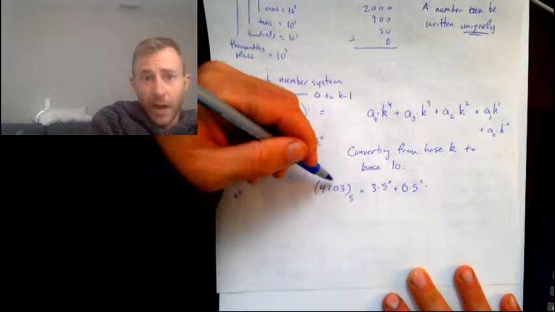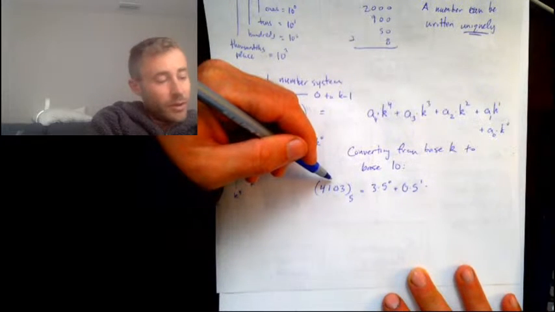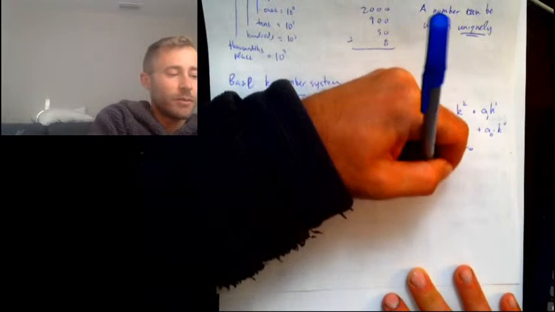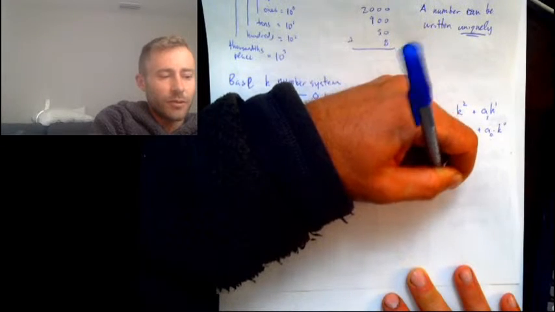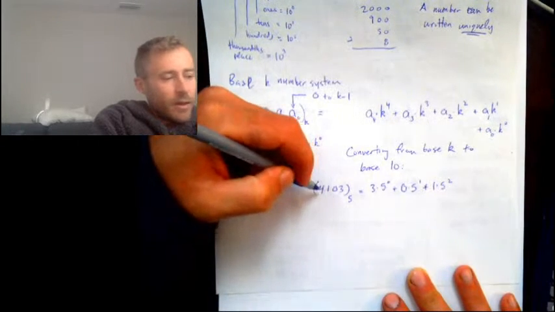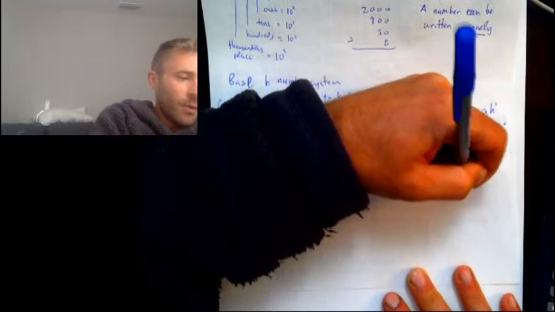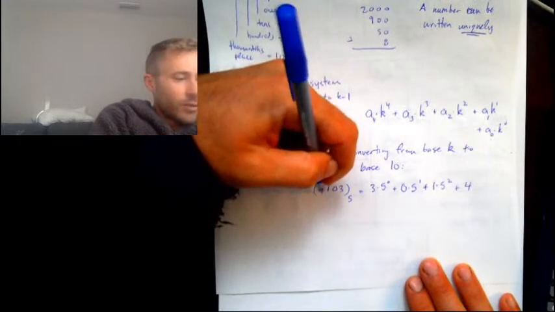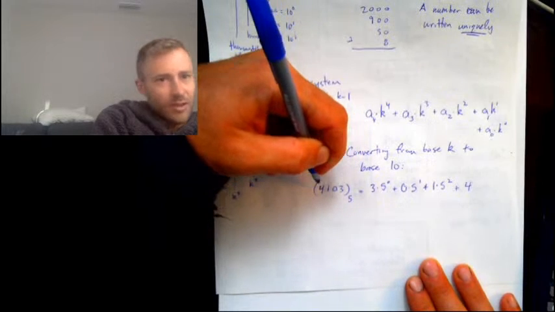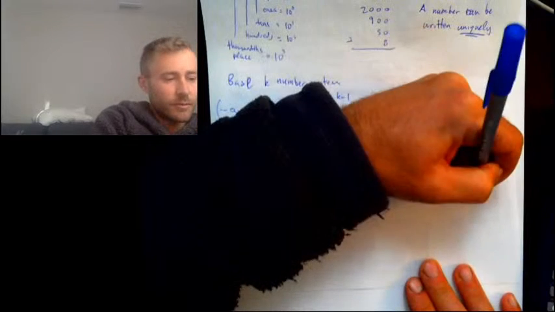What comes after the 5's place would be the 5 squared's place, which is 25. So we have plus 1 times 5 squared. And then we have plus 4 times what comes after the 25's place, the 125's place, 5 cubed.